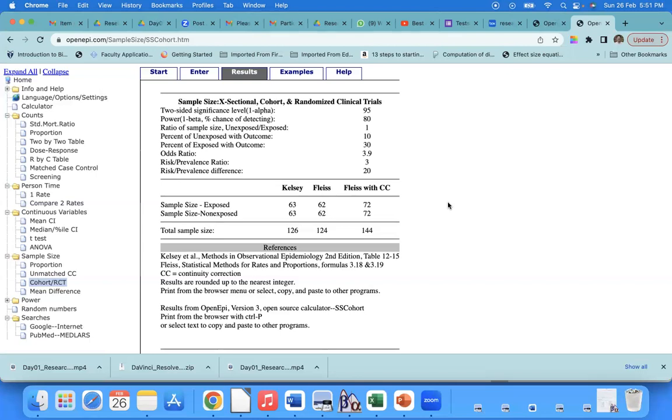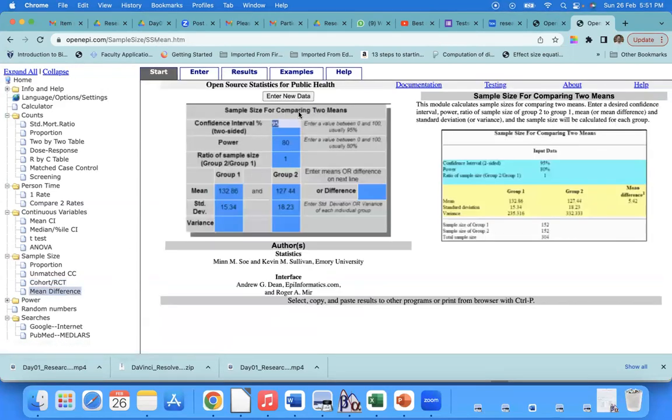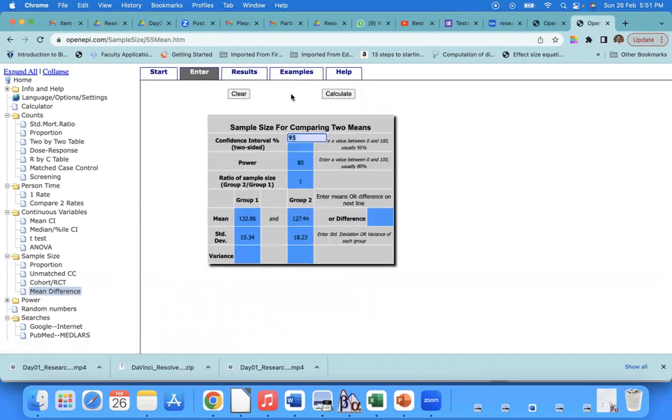Sir, what is this fourth one? Mean difference. Mean difference means the outcome is a continuous variable. You are comparing the hemoglobin values of pregnant women with the hemoglobin values of normal, non-pregnant women.